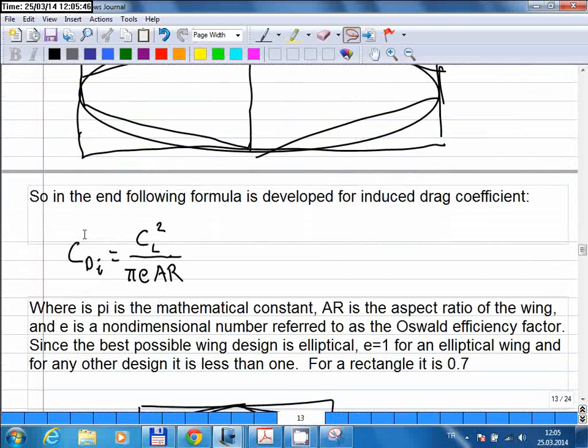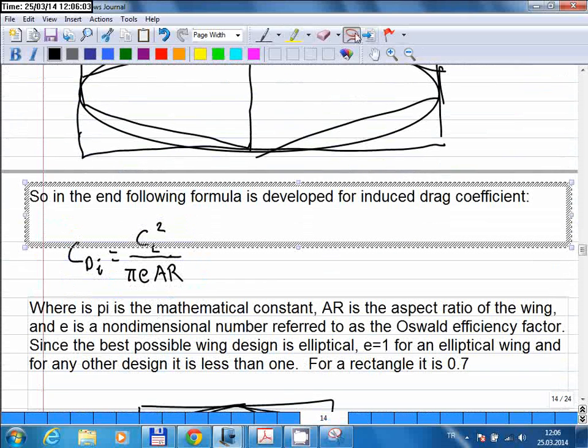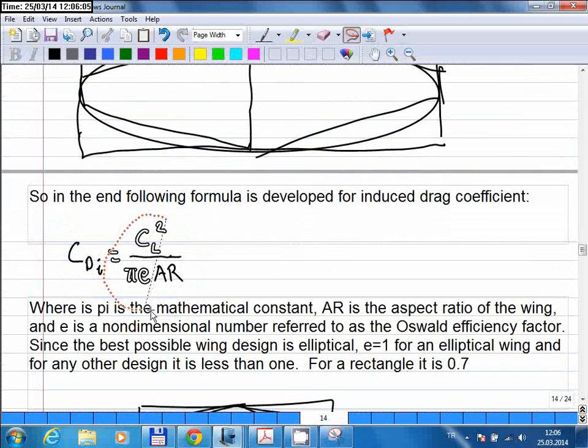So in the end, they started using this formula to represent the induced drag coefficient as a function of the aircraft design and the lift coefficient. So let me just add a few more things here.